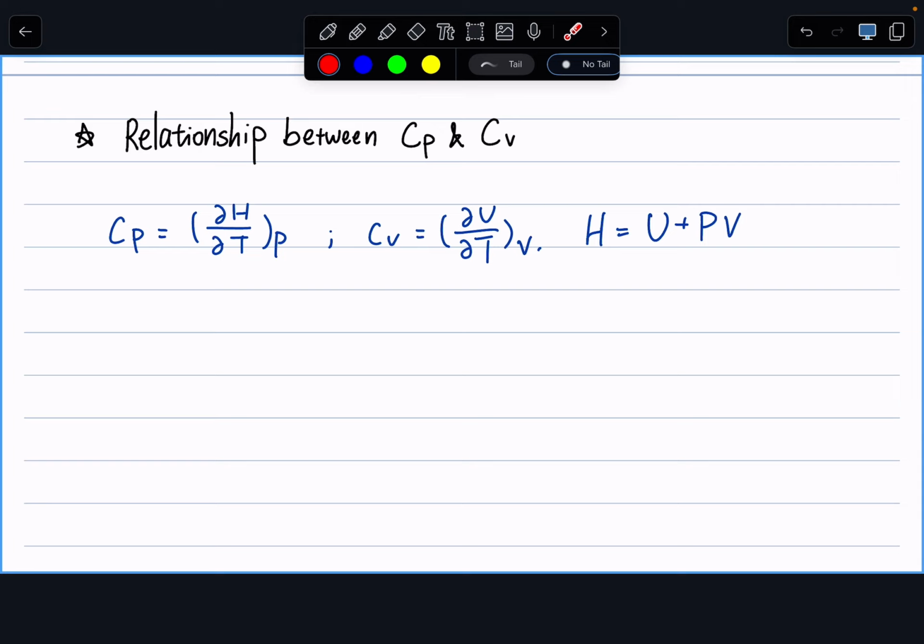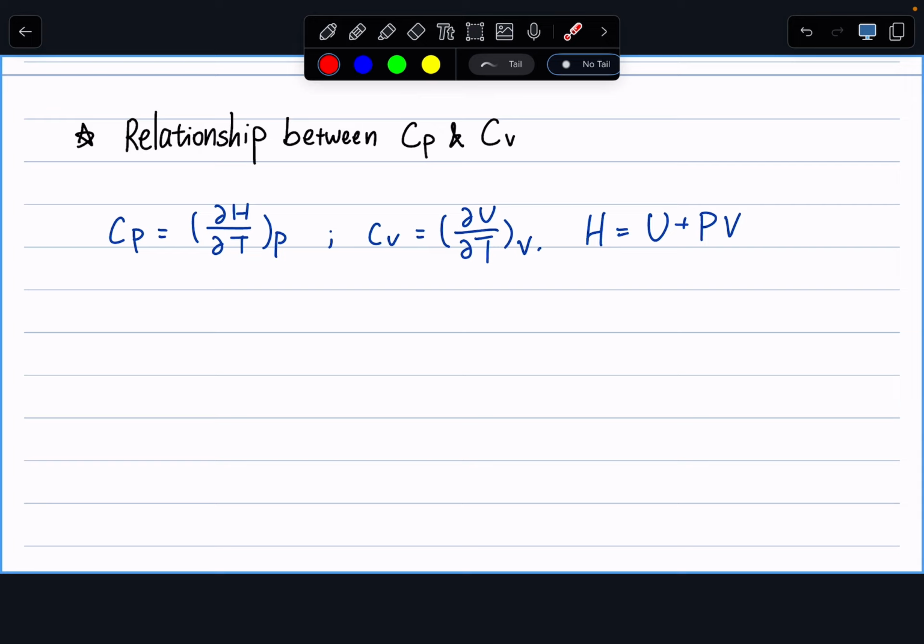So first of all, what we did, we wrote Cp minus Cv, right? Naturally, we write the expression of Cp and Cv based on their definition. Then on the right-hand side, we have the internal energy, and as you were saying, whenever we need it, we want to use the definition of enthalpy as U plus PV to write it out.